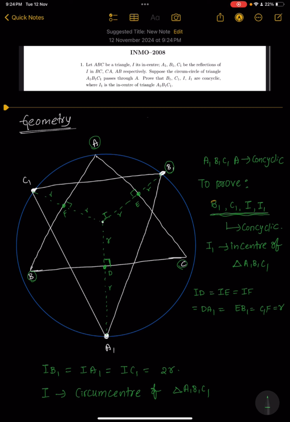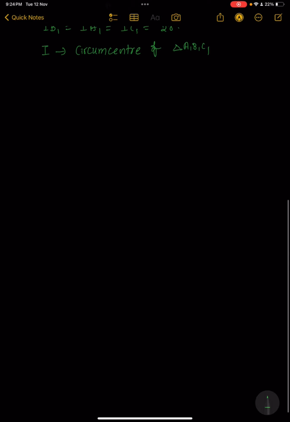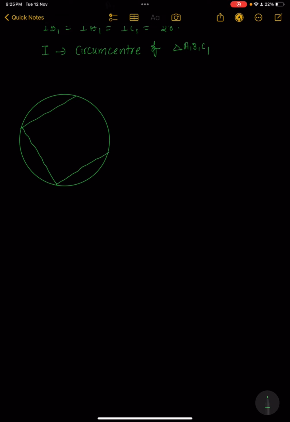Before analyzing the question further, let us discuss some techniques to prove the concyclicity of 4 points. There are two techniques which we use. The first technique is, let us say you have 4 points on a circle.